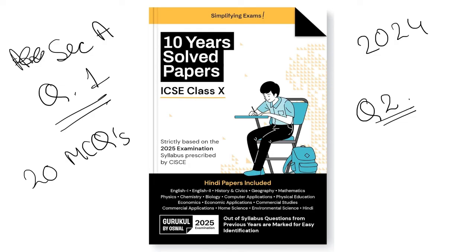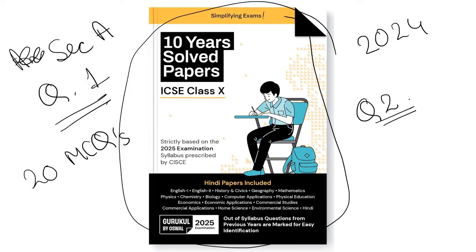Okay, and all these questions I have taken from this particular book. Now this is an amazing book, because it covers a lot of subjects, and 10 years solved papers of all of these subjects. I'll just read out. It has English 1, English 2, History and Civics, Geography, Mathematics, Physics, Chemistry, Biology, Computer Applications, Physical Education, Economics, Economic Applications, Commercial Studies, Commercial Applications, Home Science, Environmental Science, and Hindi.